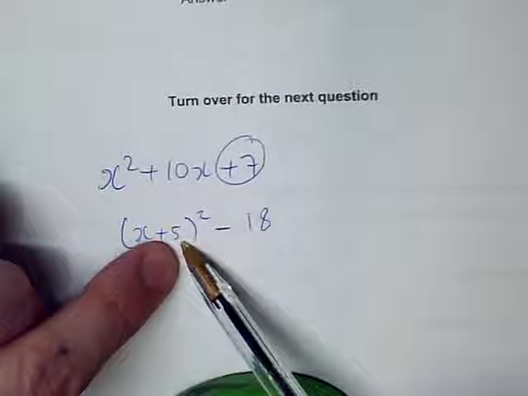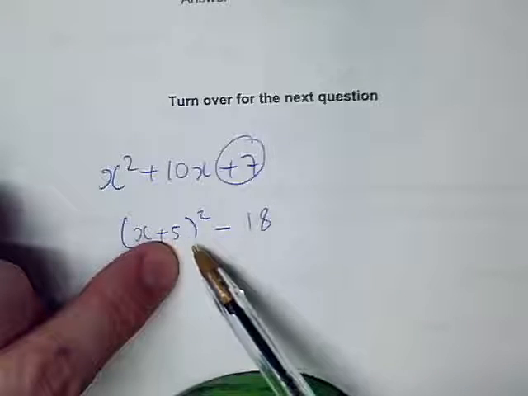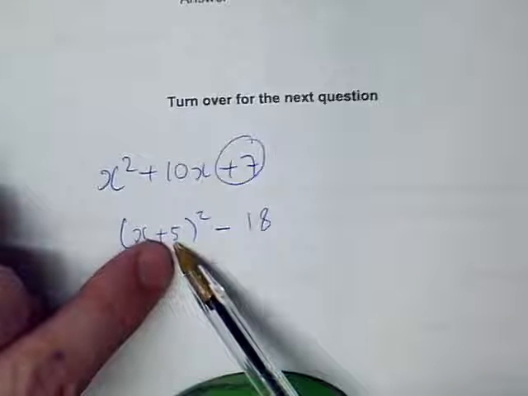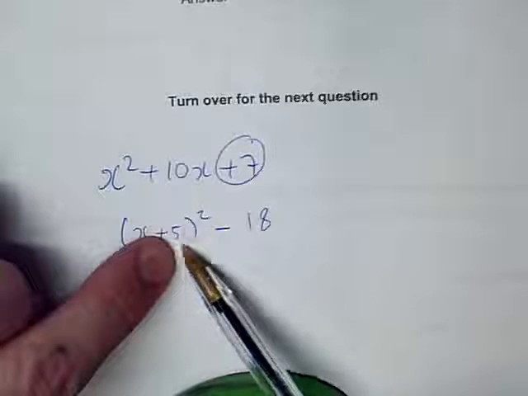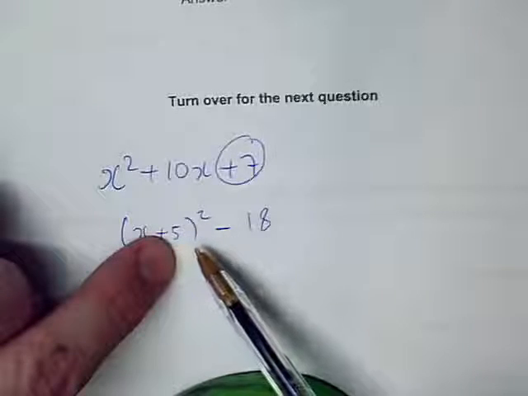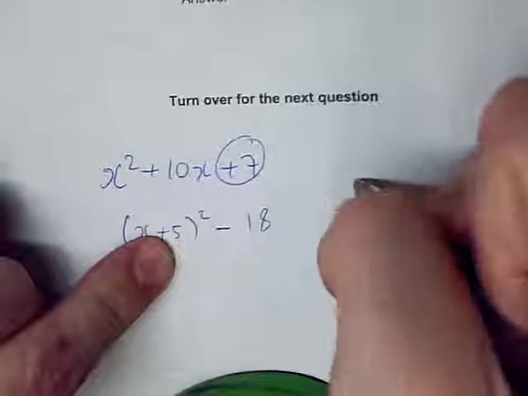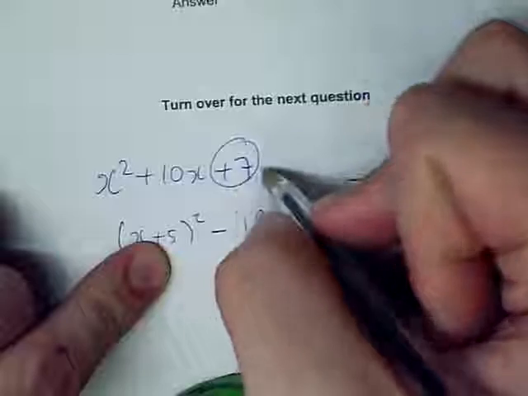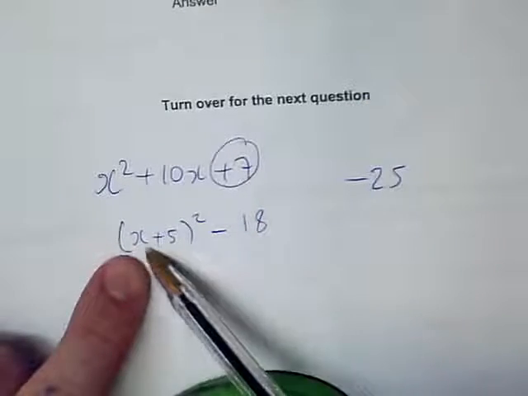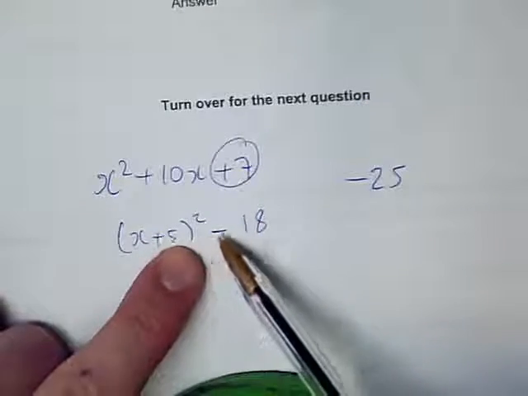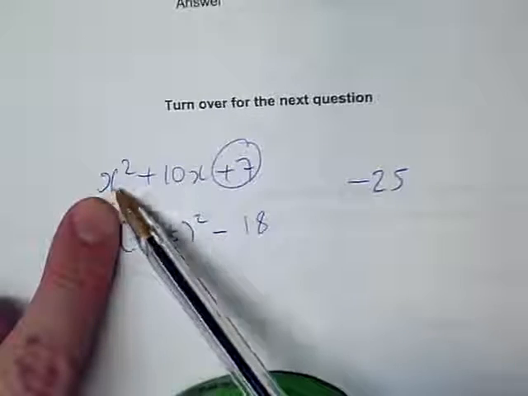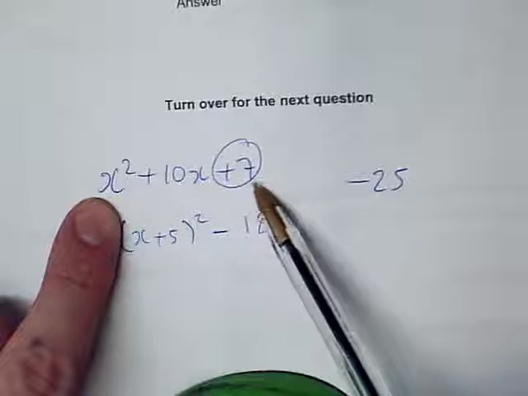So if you think about it, another way I could have done this question is thinking, right, 5 squared is 25, so if I did 25 take away 25, that takes me down to 0. So if I did (x plus 5) all squared minus 25, that will then give me x squared plus 10x plus 0.